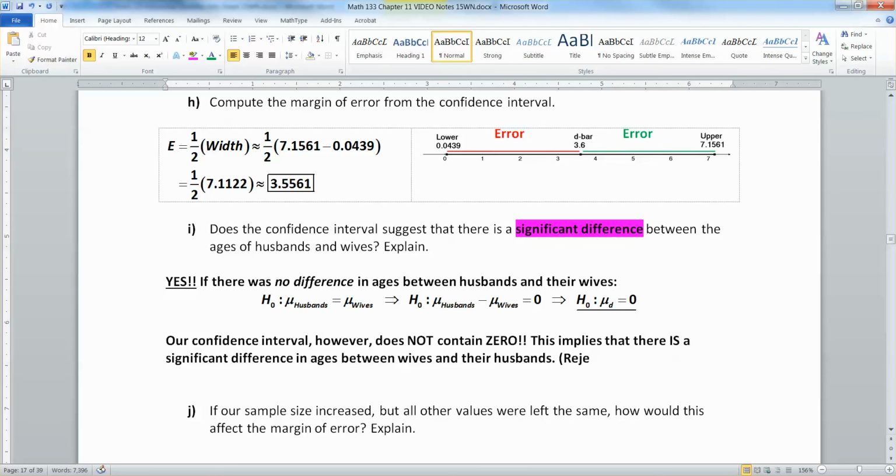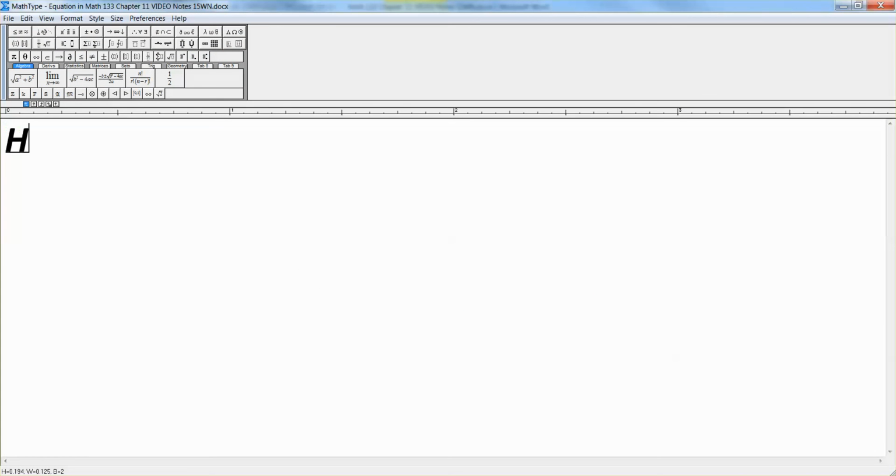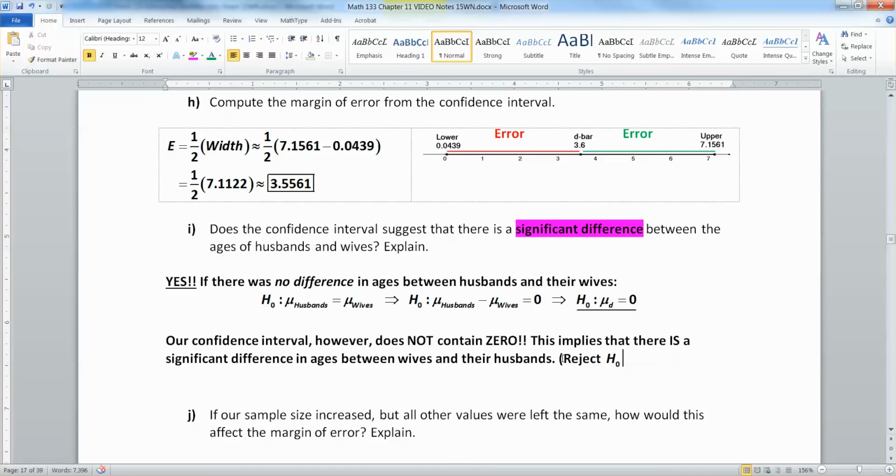That's what significant difference means. Okay. When they ask about that significant difference part, that's what they're asking about in code. They're basically saying, can you reject H naught? And since H naught is 0, you can reject it because 0 is not in that interval.